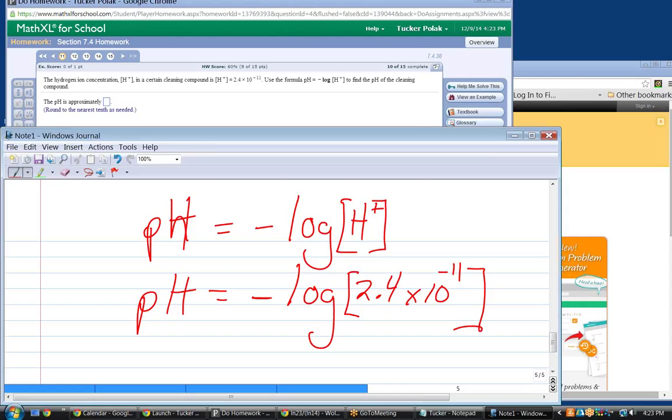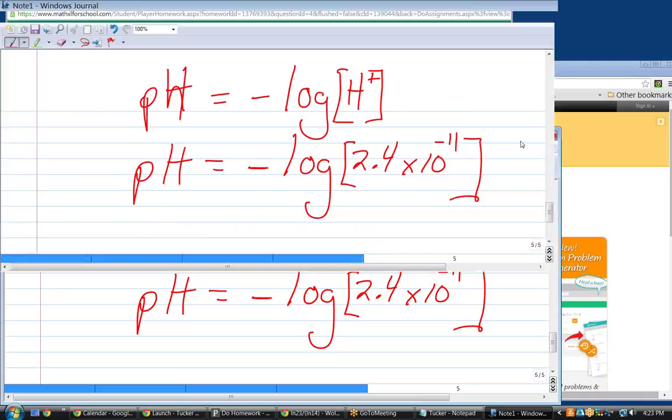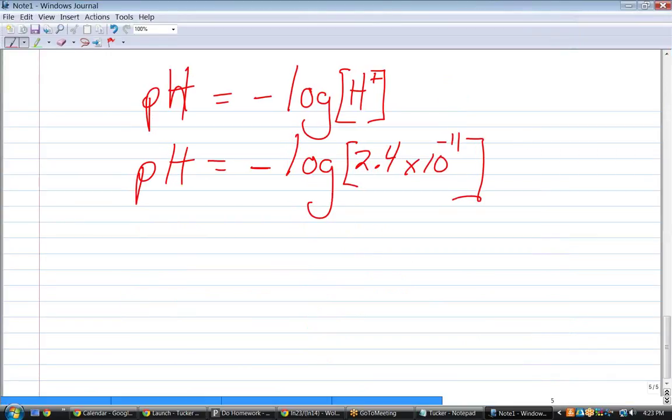Now, let's talk about this for a second. So what can I do with that minus sign? I don't know. Because if you do all the numbers, you get 2.4 times 10 to the minus 11. That's like a -1.